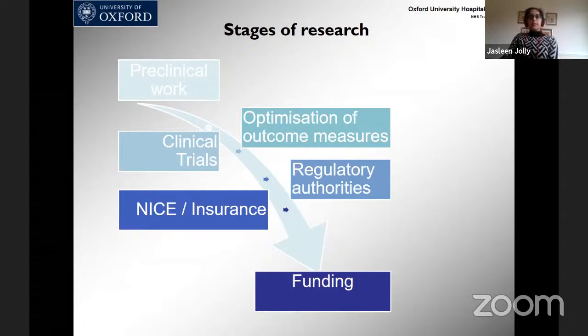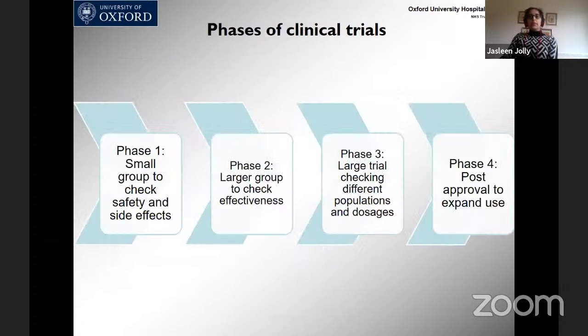And then finally funding is agreed, and that's when it becomes available to patients. So this is quite a long journey. And even within clinical trials, there are multiple stages. A phase 1 trial is a small group, sometimes in healthy volunteers, but it depends on the condition you're investigating as to what's feasible.